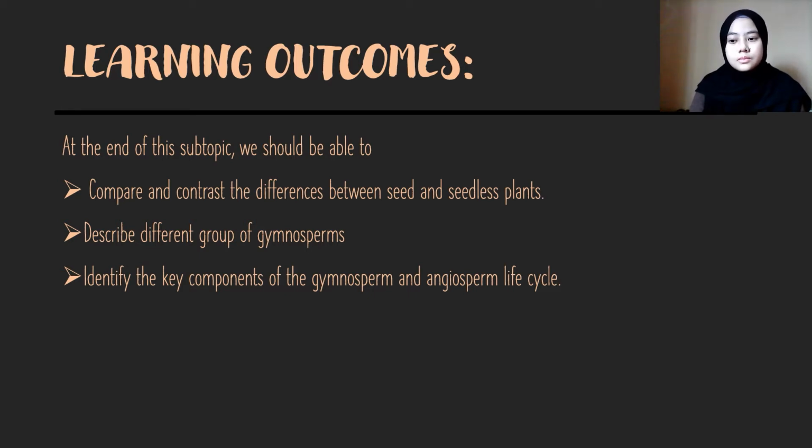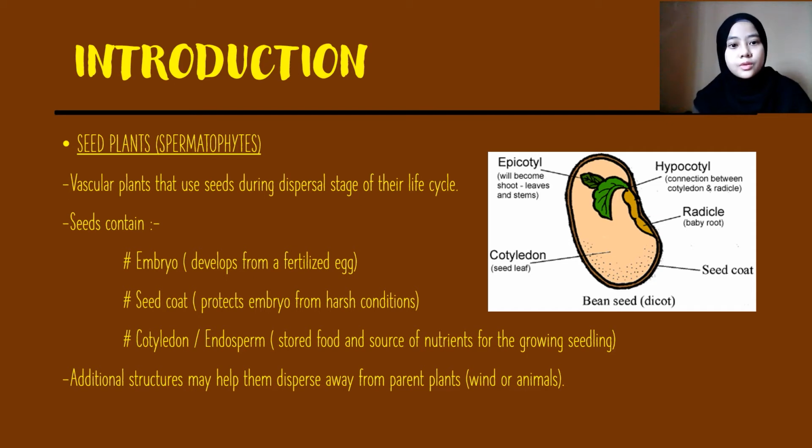life cycle. For the introduction, seed plants are also called spermatophytes, vascular plants that use seeds during the dispersal stage of their life cycle. As we can see in the diagram, seeds have three main parts, which are the embryo, seed coat, and cotyledon.